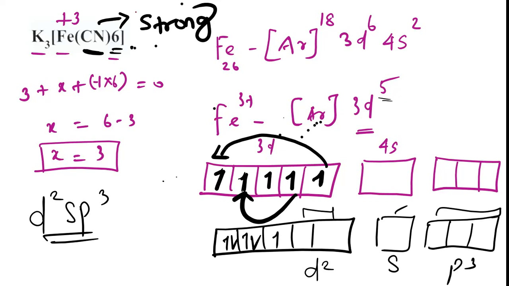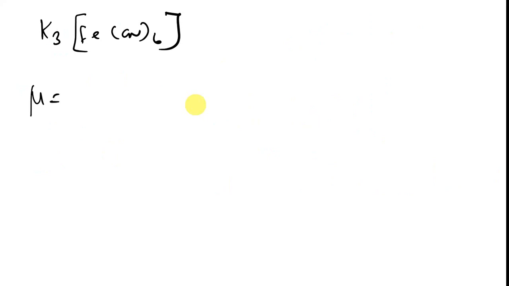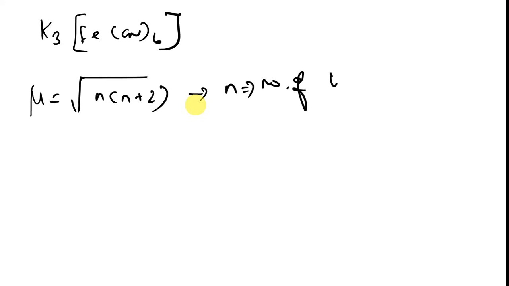Let us go for the magnetic moment of K3[Fe(CN)6]. Let us go for the magnetic moment here. That is mu equals root of n into n plus 2. That is the formula. n is nothing but the number of unpaired electrons.